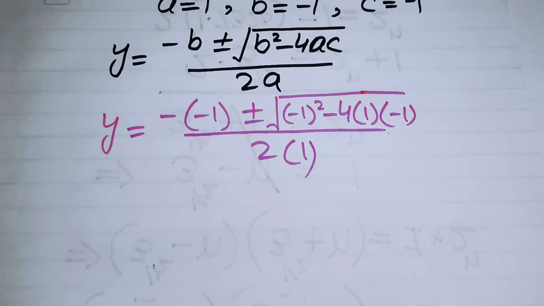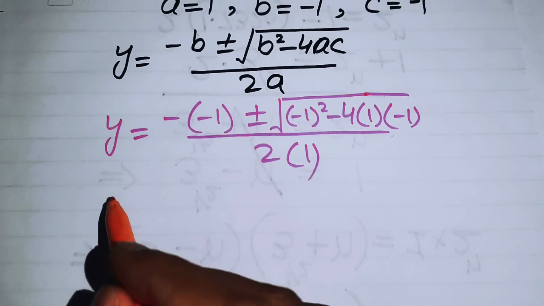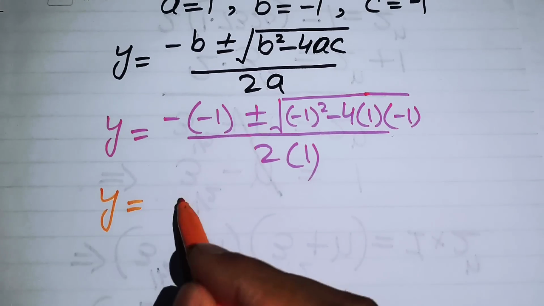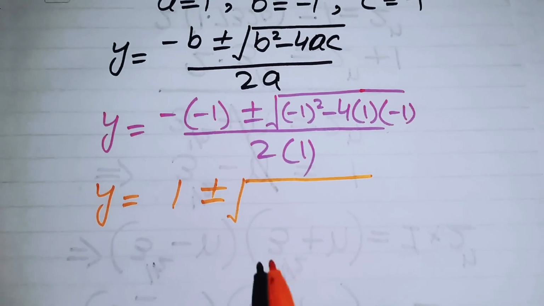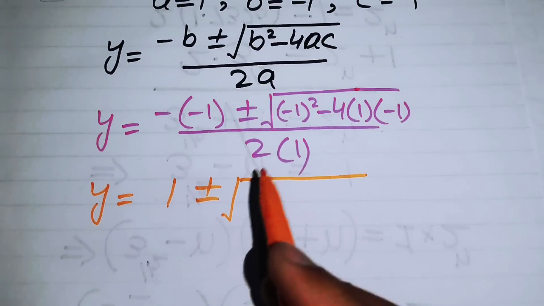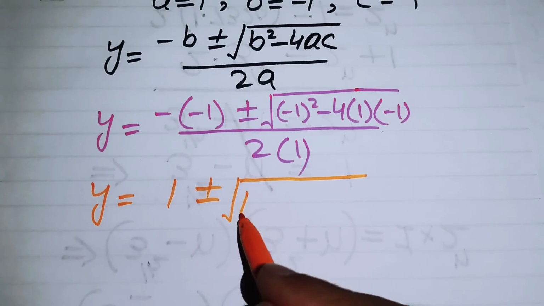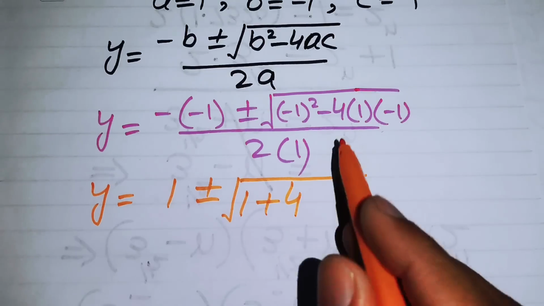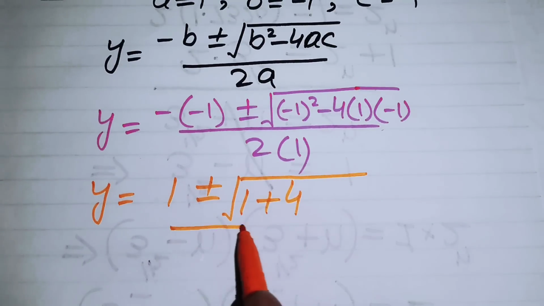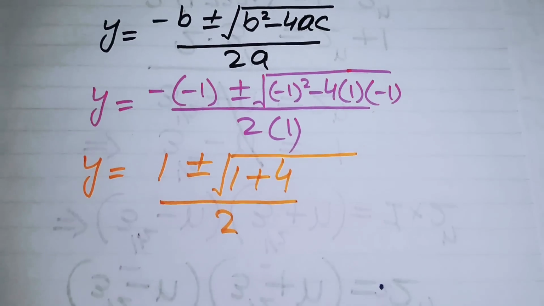So here we need a little bit of simplification, and we will write this equation as 1 plus minus square root of minus 1 squared, and you see that minus 1 squared equals plus 1, and minus times minus equals plus, and 4 times 1 equals 4, and this whole over 2.